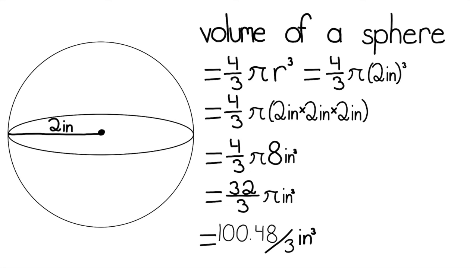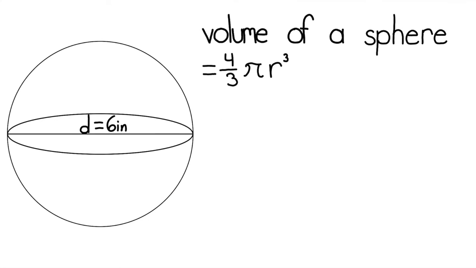Okay. So now what we're going to do is figure out what the decimal form is. So we're going to do 100.48 divided by 3, which would equal 33.493 inches cubed, rounded to the nearest thousandth. So now that we have solved the volume of this sphere, let's go on to our next problem.